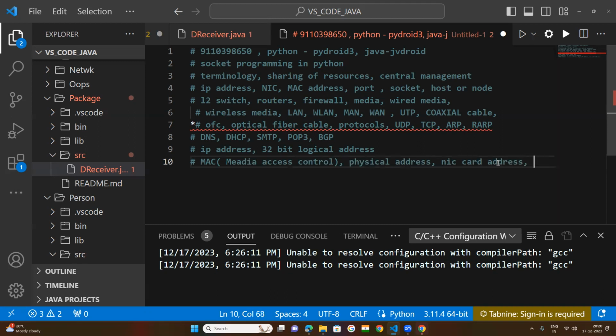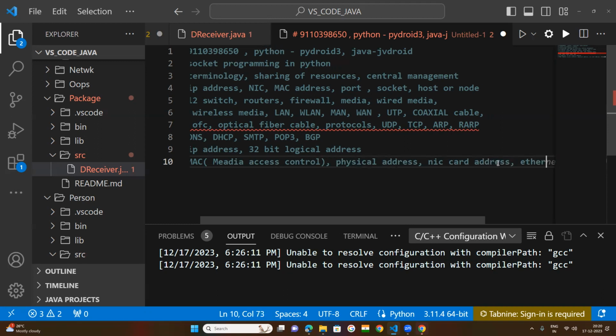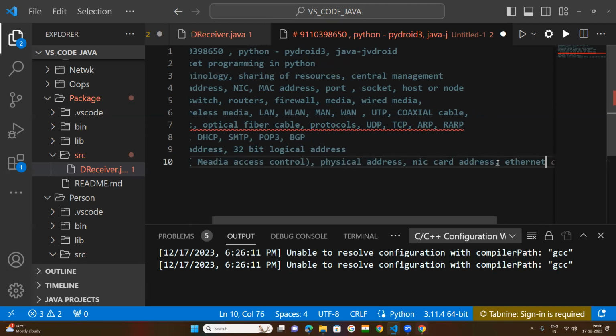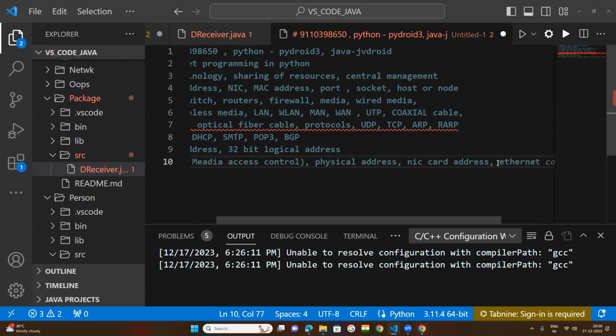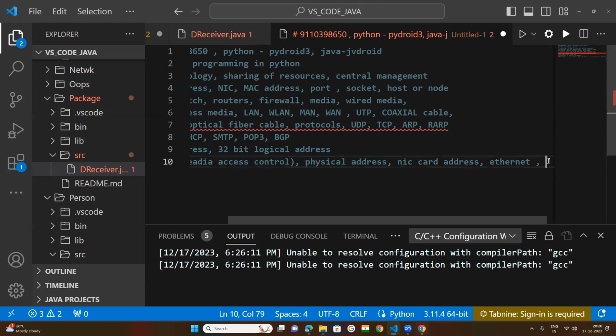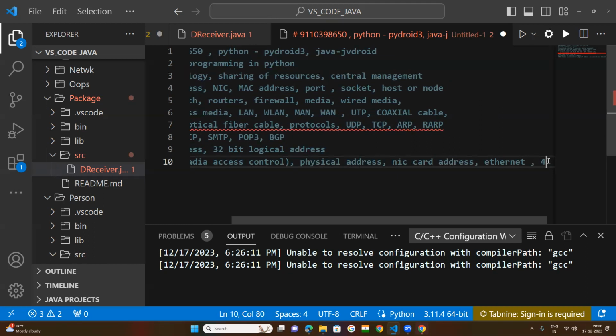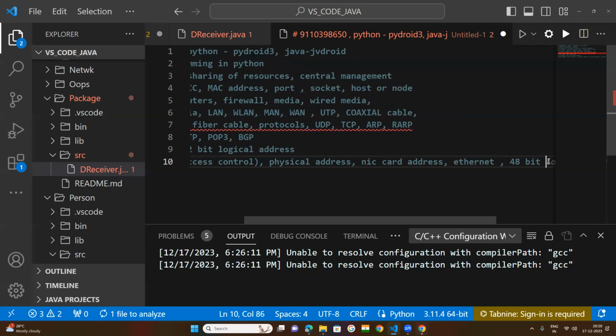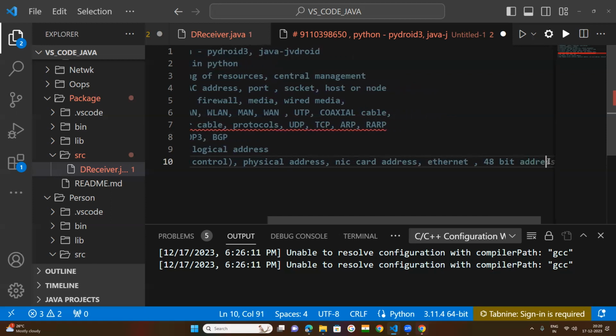Otherwise, Ethernet address, Ethernet card, Ethernet port address. So why is it a physical address? It is a 48-bit address scheme.